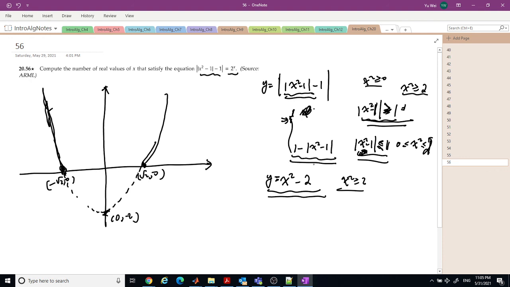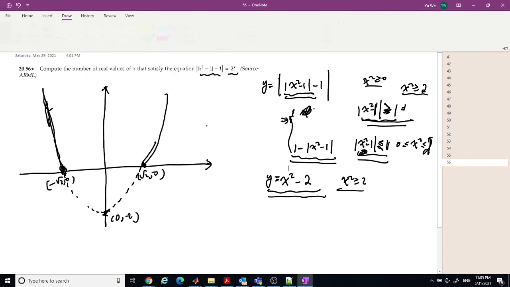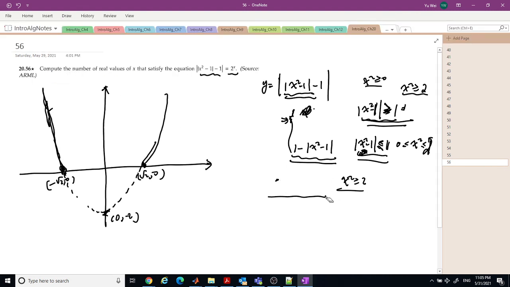In this case, we need to further divide into two cases. We can further divide this one because we need to take off this absolute value, right? So we have x between -1 and 1, or x greater than 1 and less than root 2. So there are two cases.